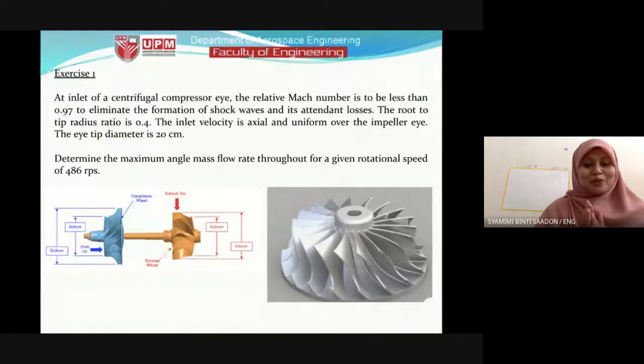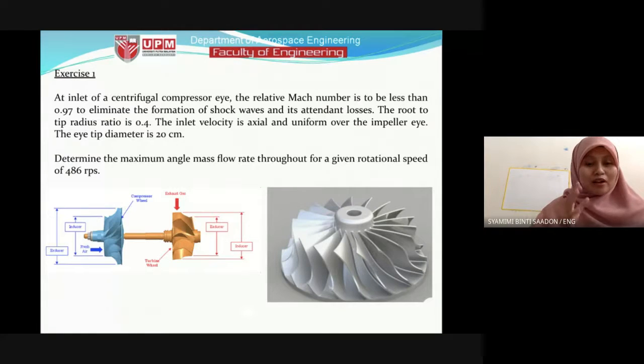Normally for a material or even a fluid, we have absolute velocity, which means the actual velocity of the fluid, which for us is the air inside the engine. So absolute velocity is the velocity of the fluid, the air, at that time. Then we have rotational velocity, which is the velocity of the blades of the compressor and turbine.